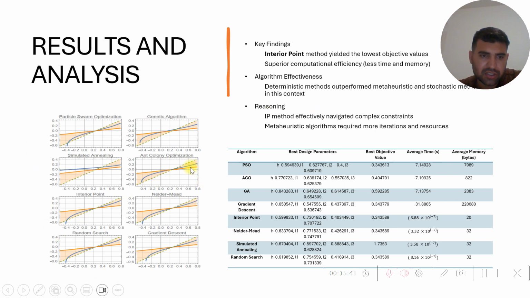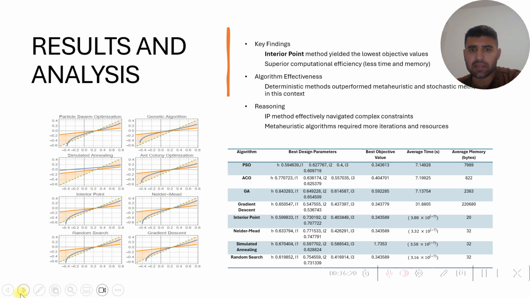So here's the visualization. It shows all the visualization for different methods. Simulated annealing is a bad one. It did not give a good result, but the others are in the region we already discussed earlier. But on the basis of computational power, objective value, average time and memory, the interior point method gives the better result, because it's a deterministic method that outperforms metaheuristic and stochastic methods in this constraint case, and is best suited to complex constraints.